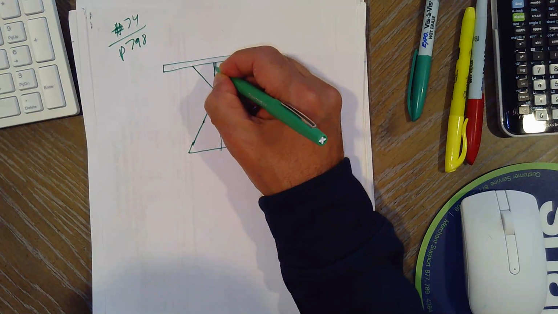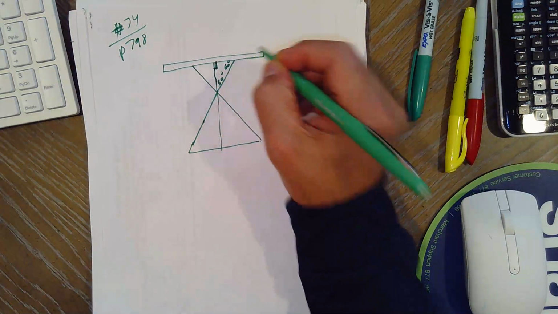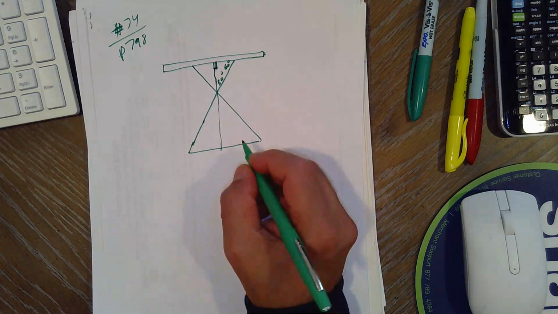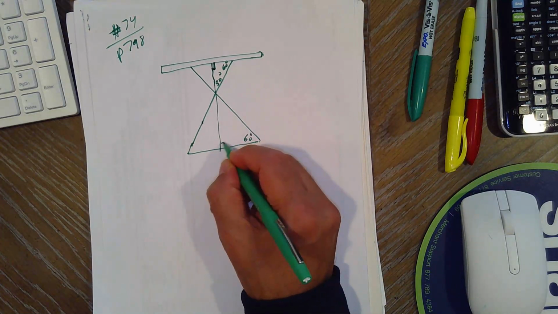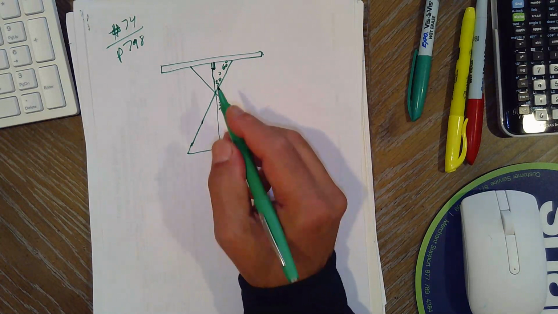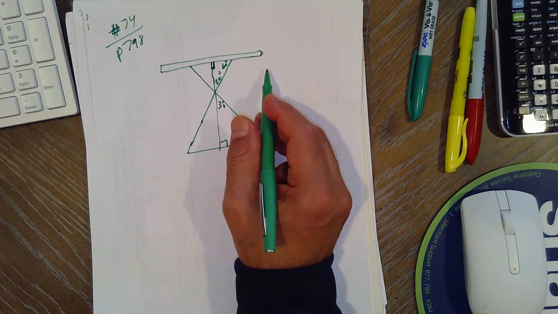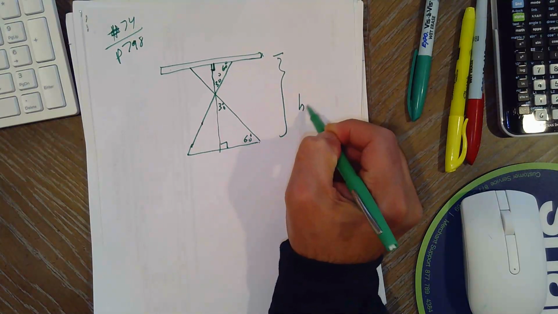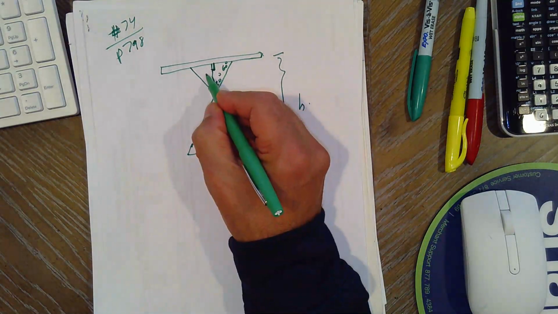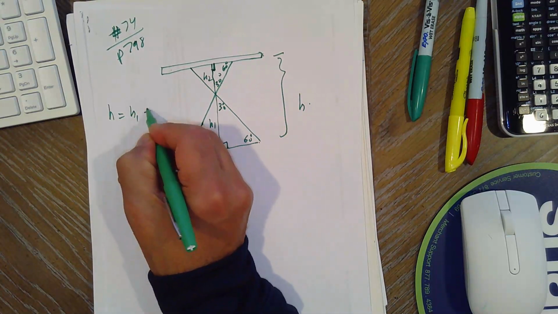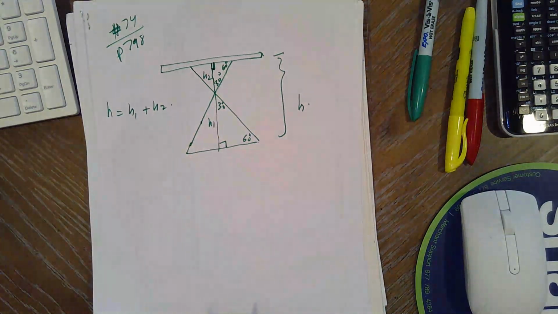And since this is 90, then this must be 60 degrees. And we also have 60 degrees here. According to the picture, this is 90, this must be 30 degrees. So we have 30, 60, 90, 30, 60, 90, and we want H. So let's label these as H2 and H1. So H is H1 plus H2.